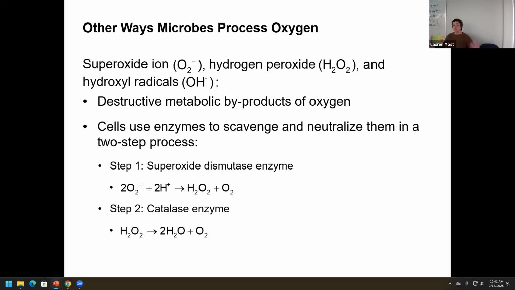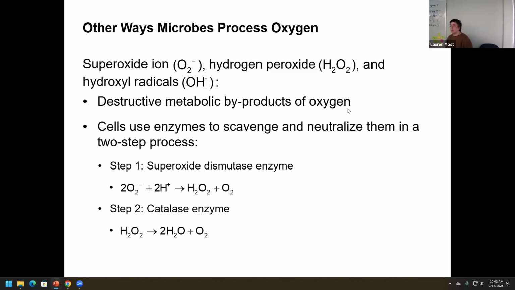So all of these guys, our cells have to be able to deal with this stuff because we engage with oxygen on a regular basis. So we have things like superoxide dismutase, which takes superoxide, which is O2 negative, and turns it into hydrogen peroxide. And I already told you hydrogen peroxide is deadly, so no worries. They also have enzymes that break down hydrogen peroxide into water and oxygen.